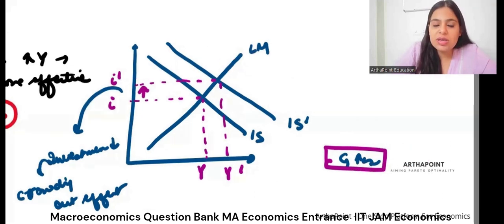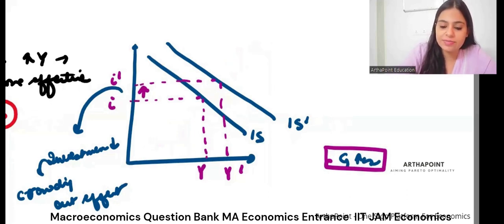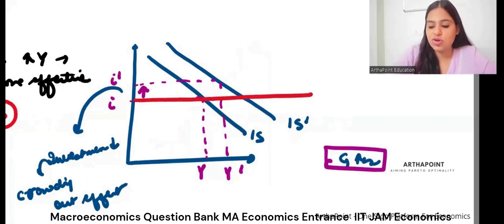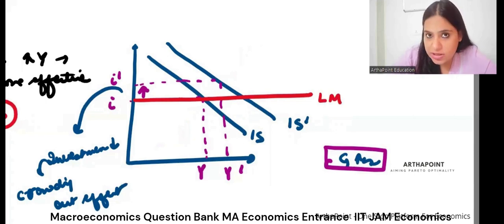Now, imagine a situation where interest rate does not change. Supposedly your LM is flat. This is your LM. Interest rate does not change. If interest rate does not change because my LM is flat, what would be the increase in the level of the output?